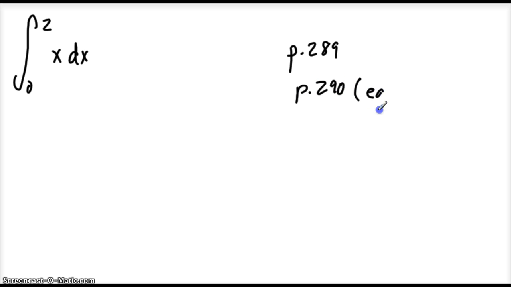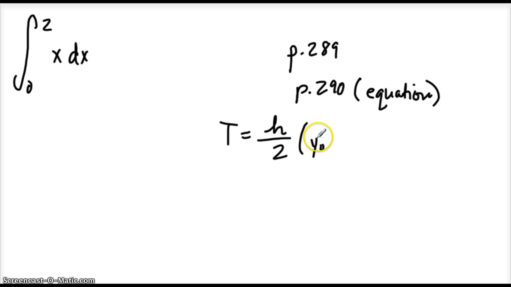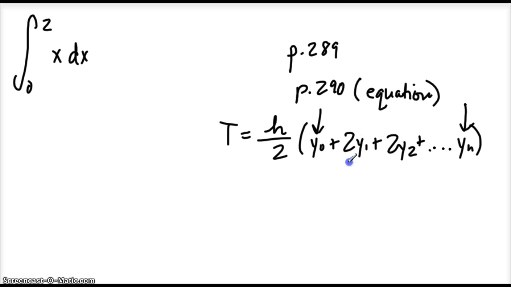We looked at the equation for the trapezoidal rule and talked about what the h stood for, what the 2 was there for, and why y subscript 0 plus 2y subscript 1 plus 2y subscript 2, and so on, and then y subscript n at the end. And we talked about why there was only one of these at the ends, and then these were counted twice.